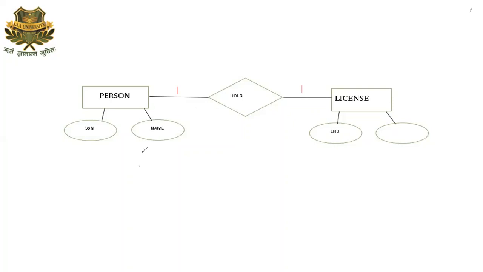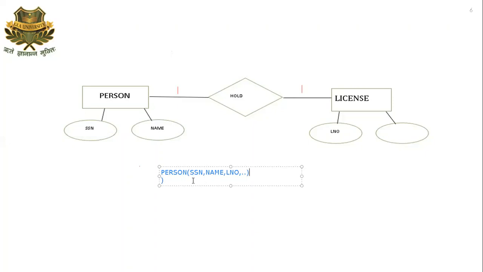Suppose the name of the relation is person, and you write all the attributes of all entities. In person, write the social security number, the name, and also the attributes of the license table, so write the license number and so on.